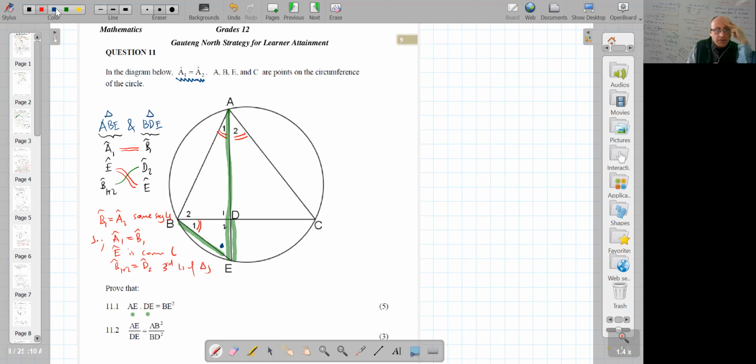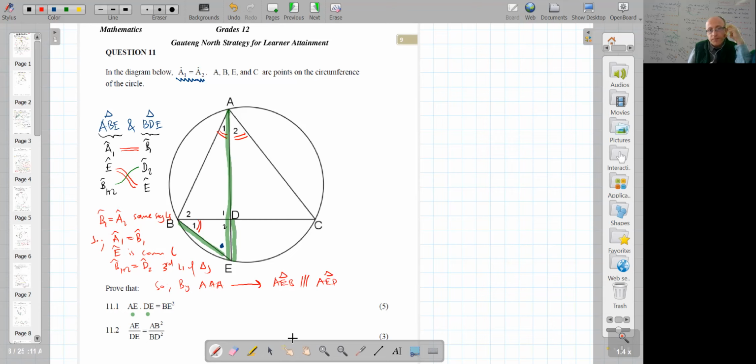Now, then we can just say, so by angle, what can we write? Write the ratio. Triangle AEB is similar to the other triangle AED. Yes, AED.